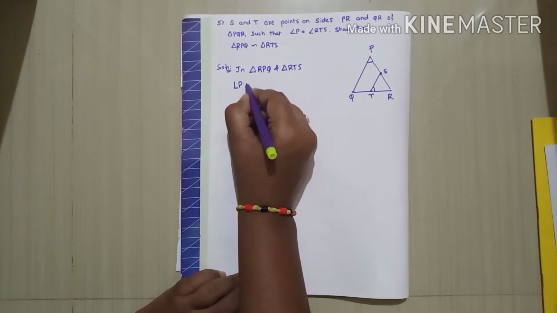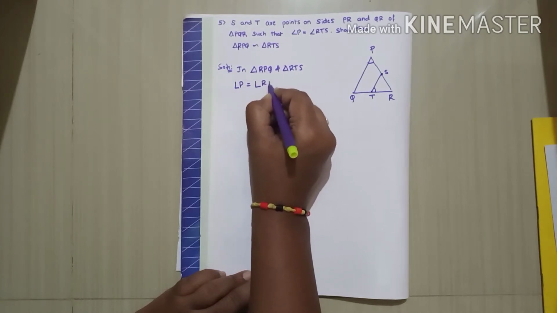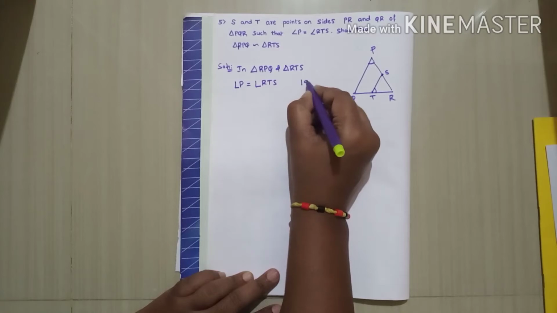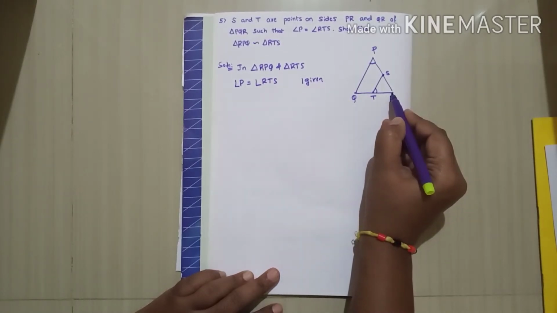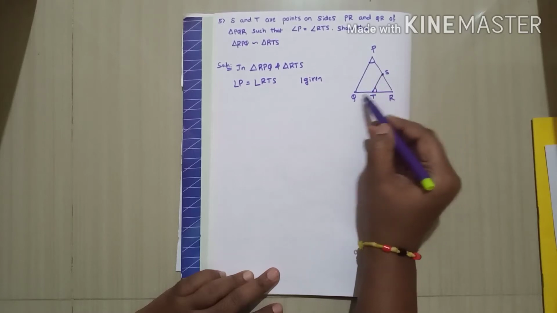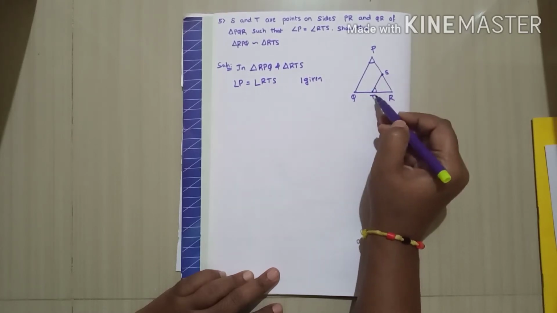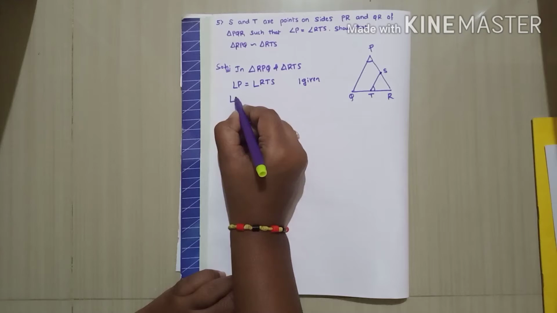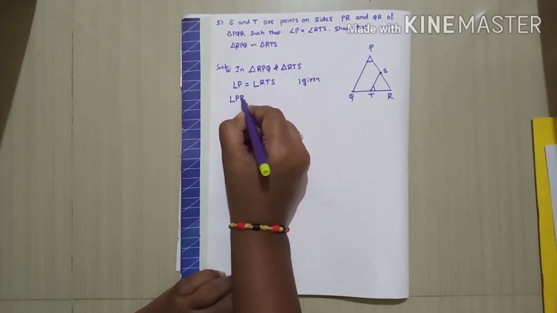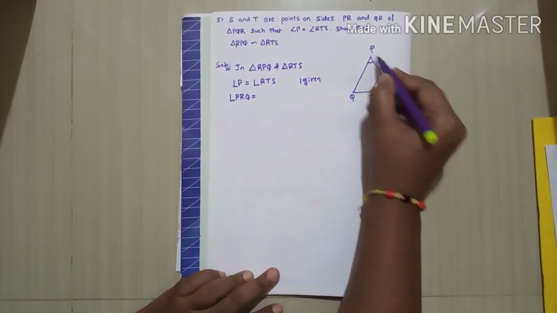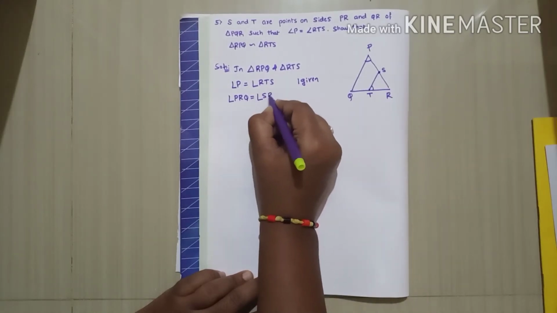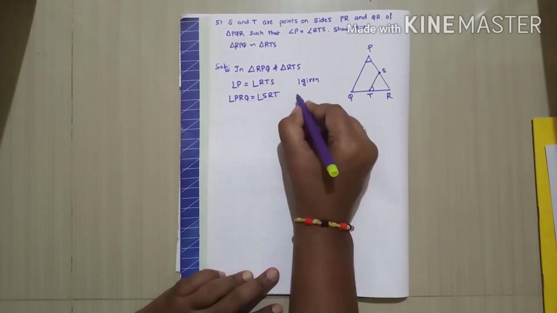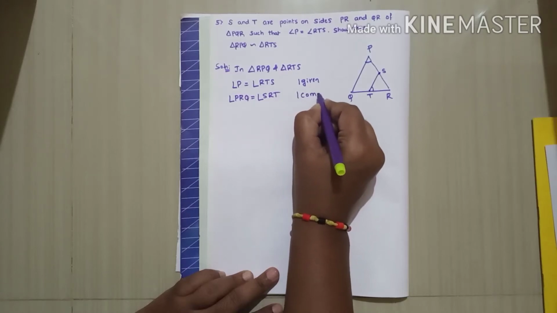It is given. Next you observe this angle R is common for both the triangle PRQ also, SRT also. So I can write that as angle PRQ is equal to angle SRT. This R is common for both the triangles, therefore common angle it is.